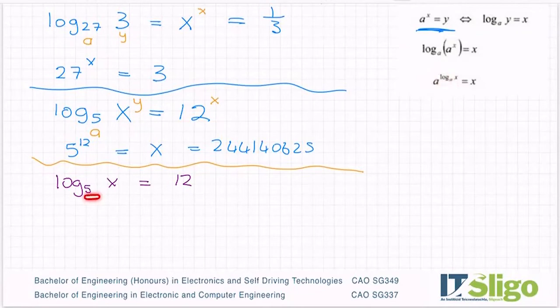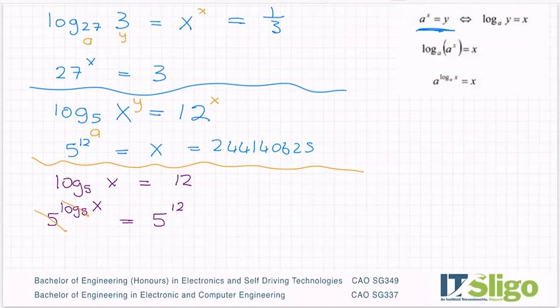Well, it's this base number that I use, 5, and everything is raised up like that. And what I do to one side, I must do to the other. So 5 becomes the base number and everything else becomes its power. Why? Because log to the base 5 and 5 cancel.